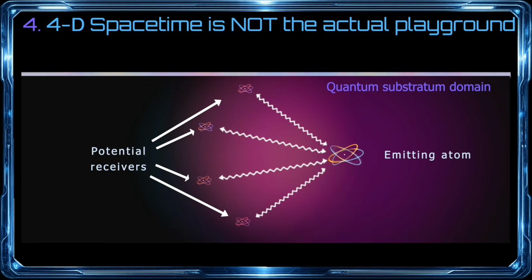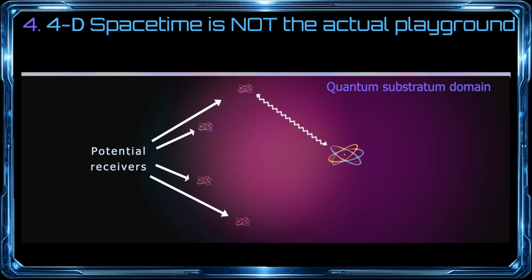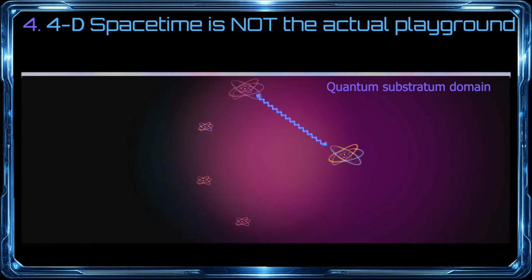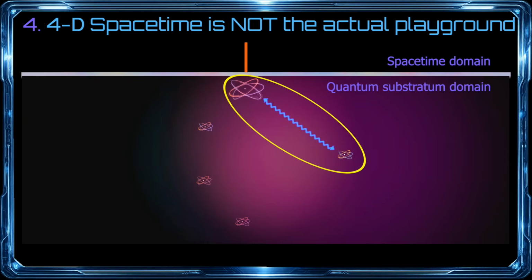Based on that probability, a stochastic rule applying to that domain will pick one of the candidates. It is that atom which will have its energy level upgraded, and that will create the event that we observe in the space-time domain. But again, please note that what created this event happened in the quantum substratum domain, and the resulting event is the combination of the emitting atom event, the receiving atom event, and the photon energy.